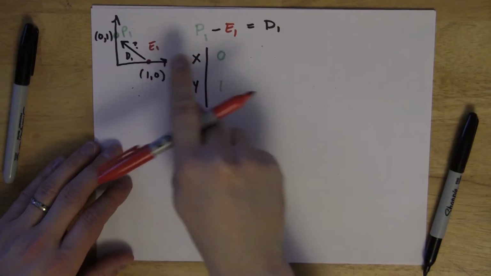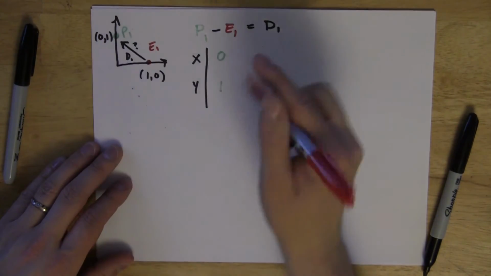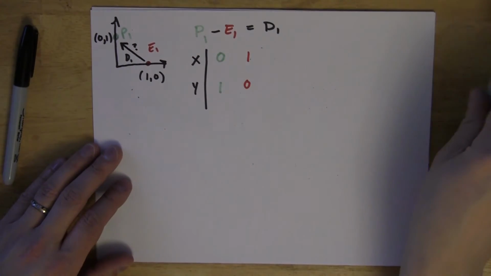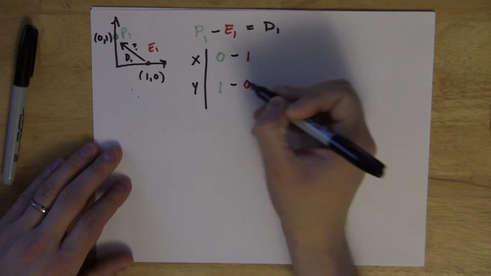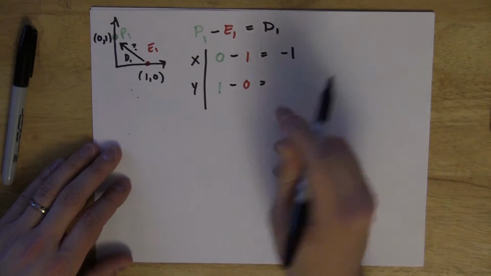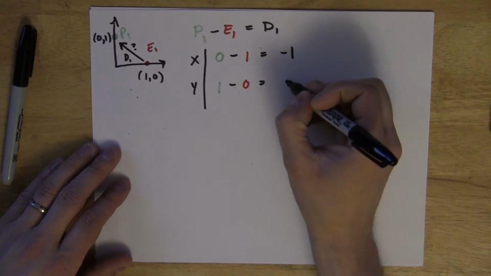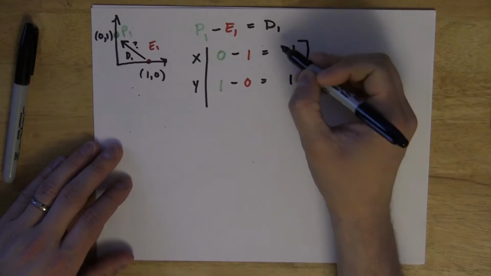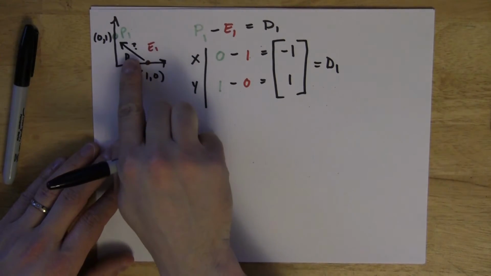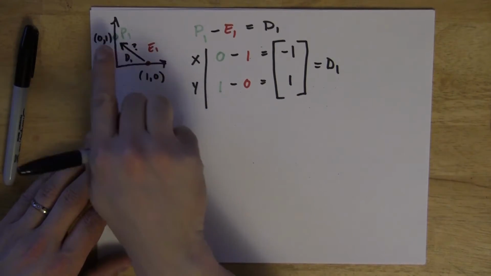For E1, our x value is 1, and our y value is 0. Subtract, subtract, equals, equals. So 0 minus 1 is equal to negative 1. 1 minus 0 is, of course, equal to 1. And this becomes our vector. That is equal to D1. This is the direction we want to move towards to get from E1 to P1.